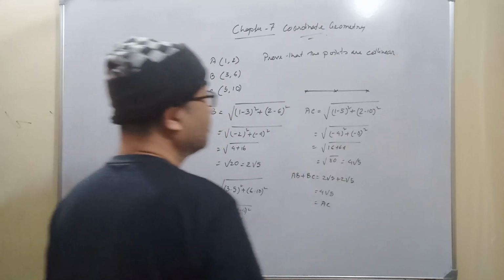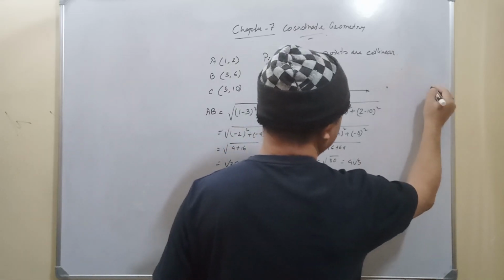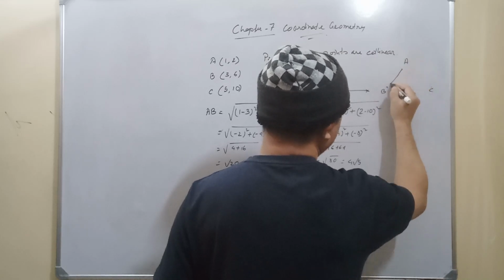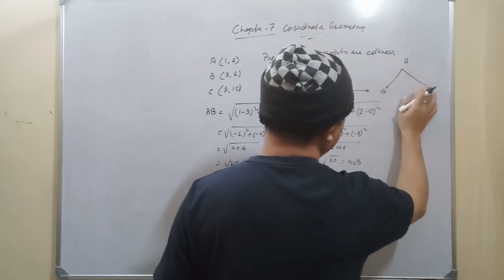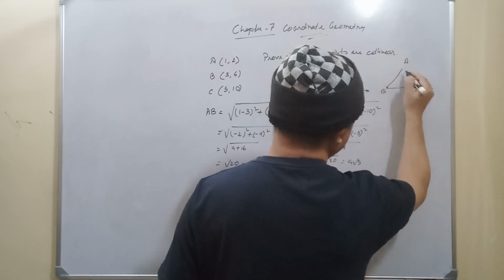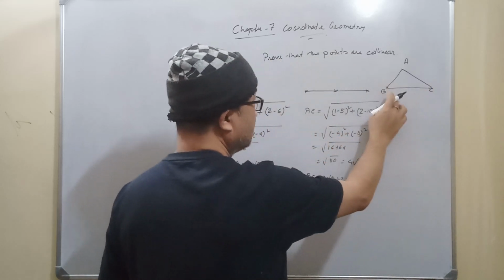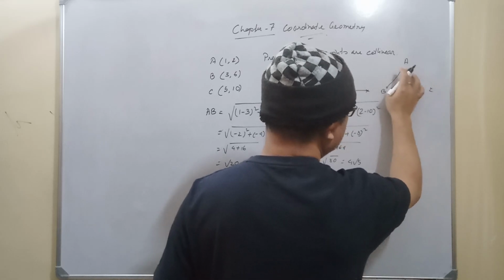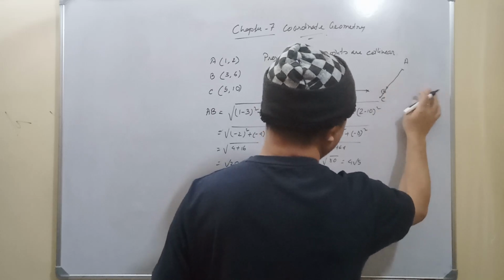So if we take that A, B, C are 3 points like this, and if AB plus BC is equal to AC, then that is possible only when B is in the same straight line, not here but here.